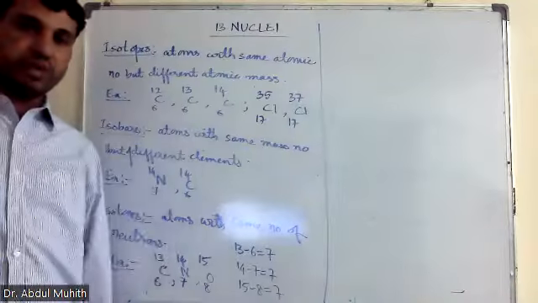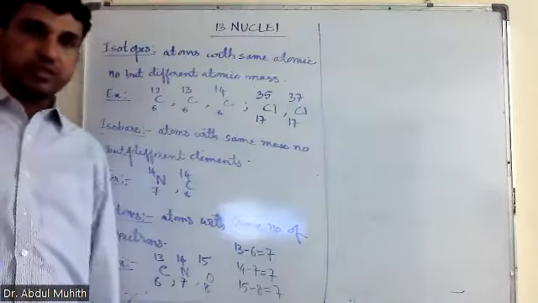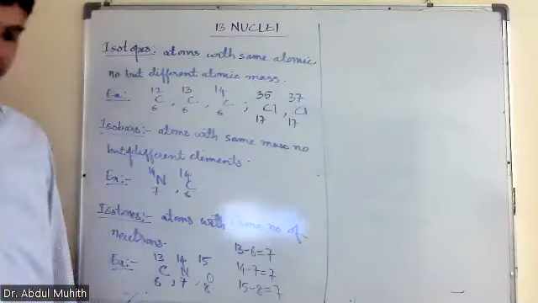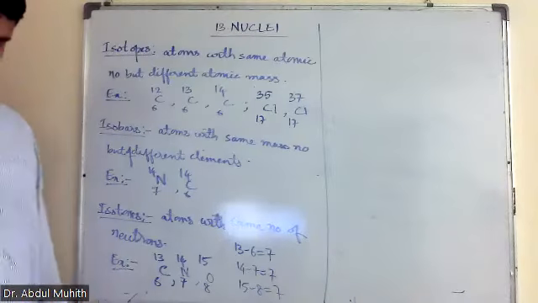What is the atomic mass of chlorine in the periodic classification table? 35.5. Very good. That is the value given in the periodic classification table.